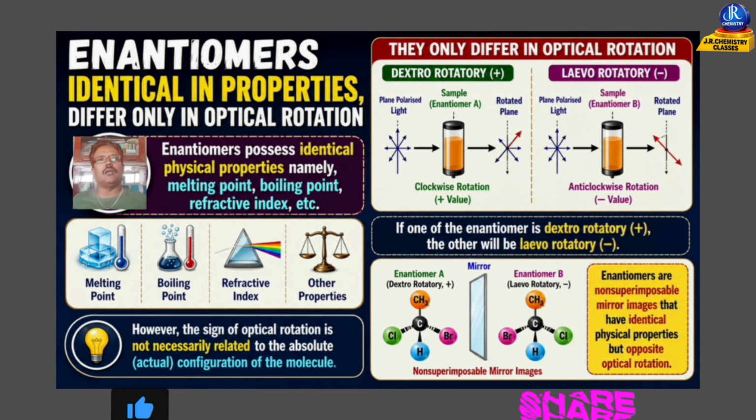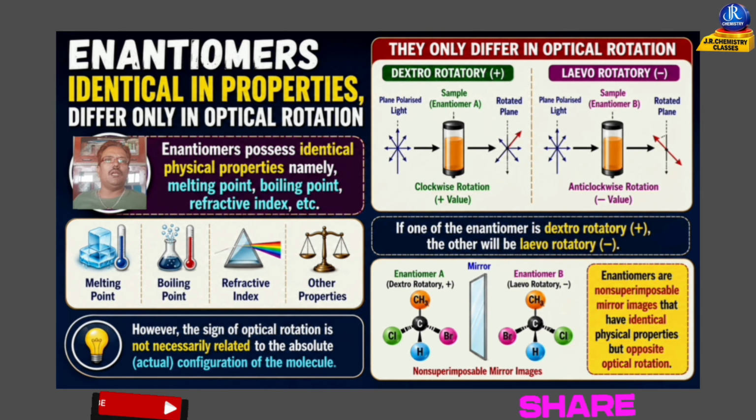Enantiomers possess identical physical properties, namely melting point, boiling point, refractive index, etc. They only differ with respect to the rotation of plane polarized light.